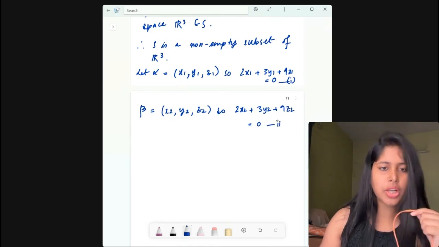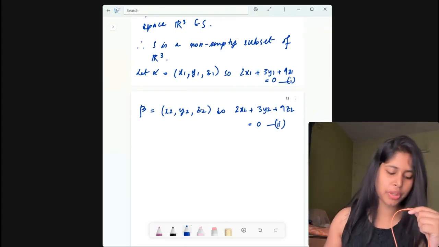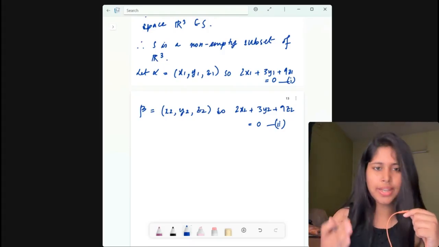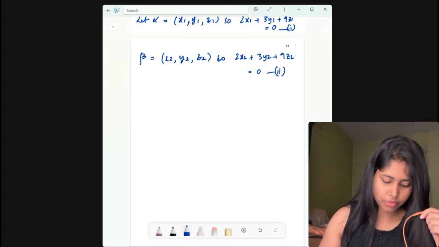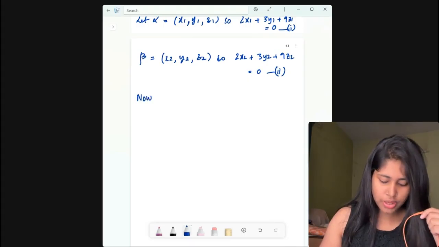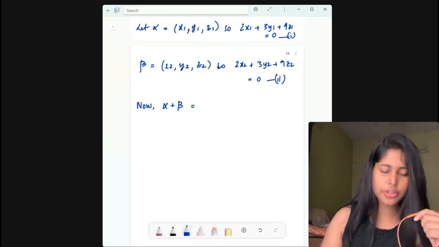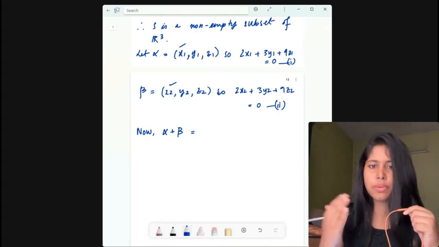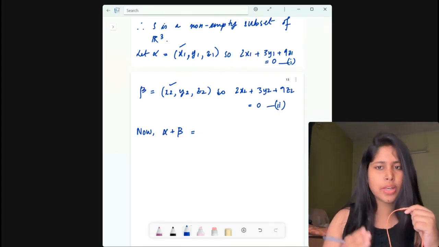This is our equation number 2, or condition number 2, whatever you say. Now we are going to add these vectors, alpha plus beta. If you add them, what do you get? You first add the first components: x1 plus x2, then y1 plus y2, and the third term will be z1 plus z2.